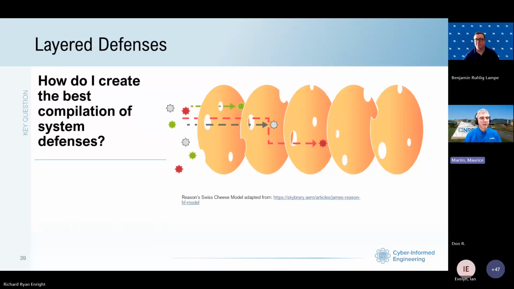Next principle is layered defense, and this is an illustration that I really like, the so-called Swiss cheese model. And the idea is that the attack is beginning on the left and trying to thread its way through all of these different defenses to the right. And as you see in this case, it stops with the second to last defense.